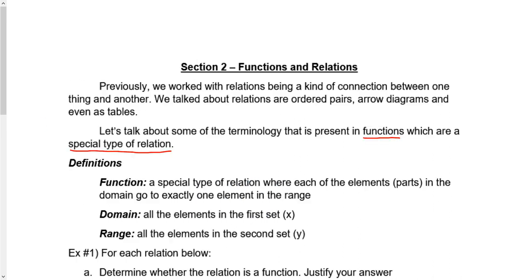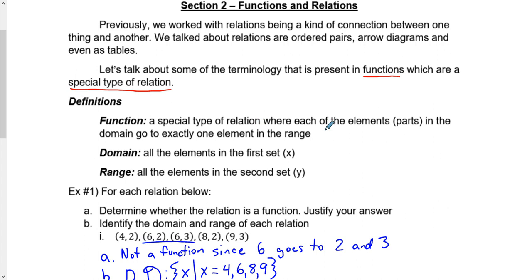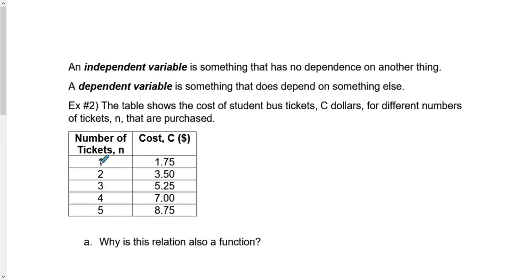Well, if we go back to the definition of function, each of the elements in the domain go to exactly one element in the range. Domain is the first set, range is the second set. So do each of the elements in the first set go to exactly one part in the second set? Yeah. One only costs $1.75. 2 only costs $3.50. 3 only costs $5.25. 4 is $7. 5 is $8.75.